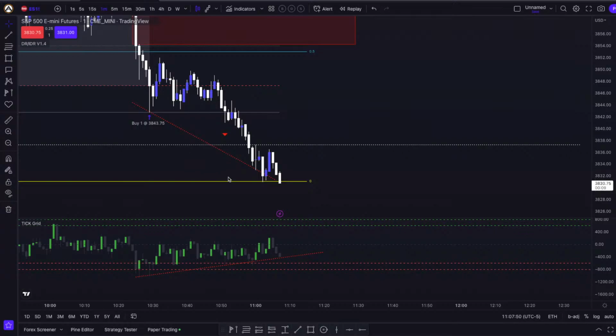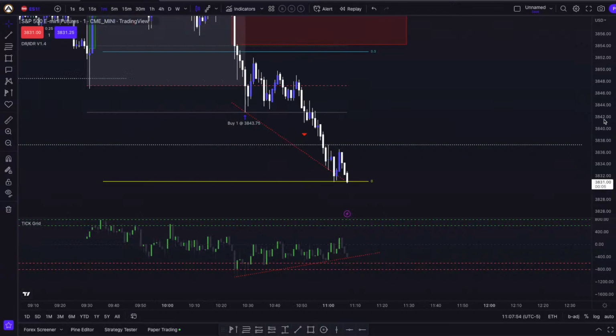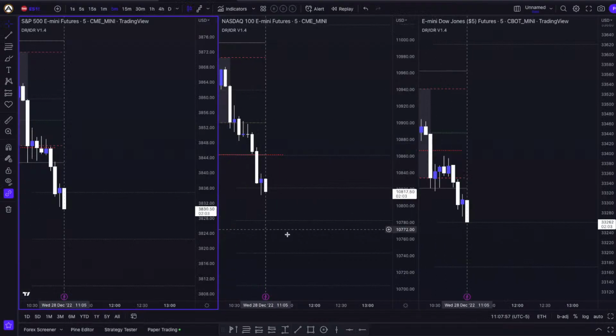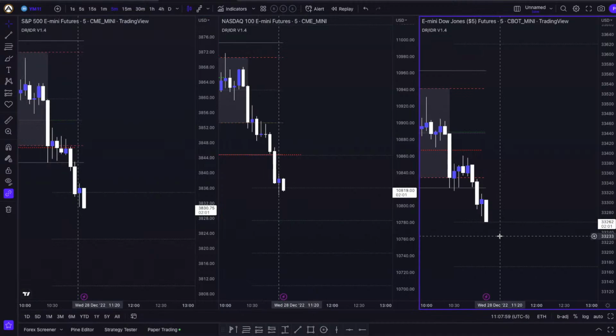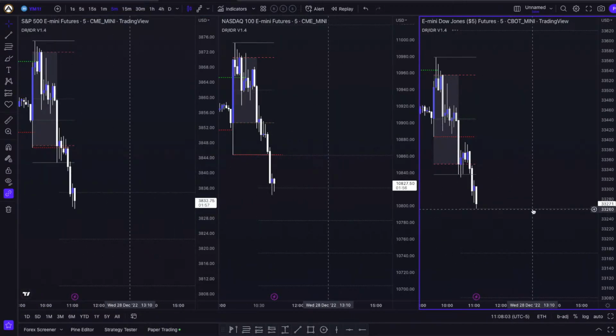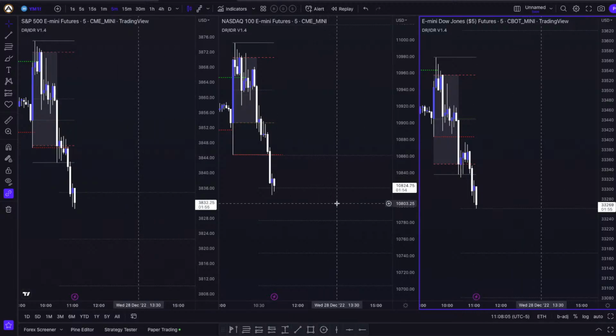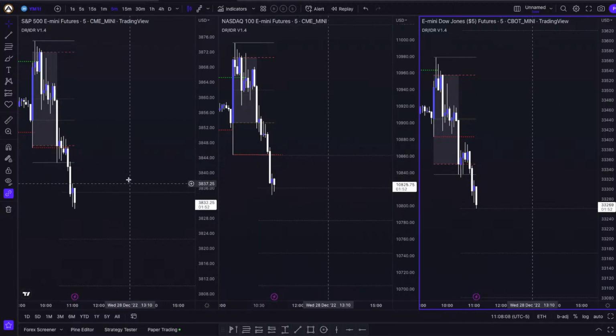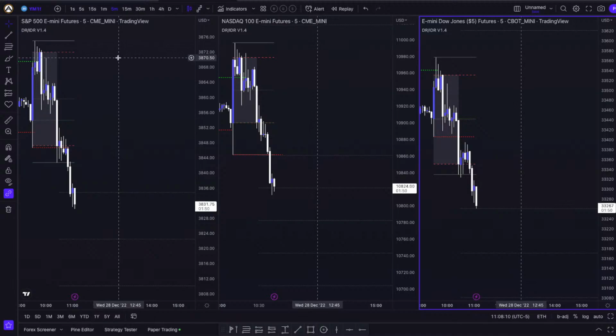All right, we broke this low. So we're still not done with our downside expansion. Yep, all indices lining up. US 30 now hit the negative 0.5 standard deviation. Same as Nasdaq, same as SP 500, so that's all lining up.